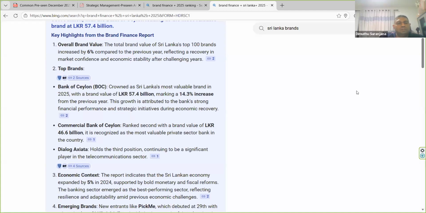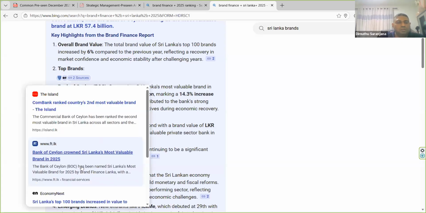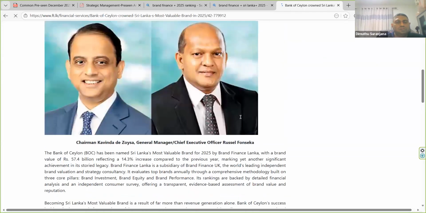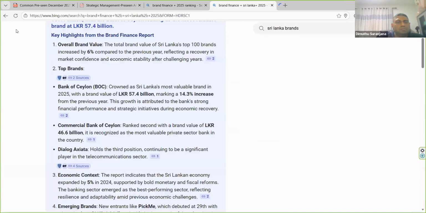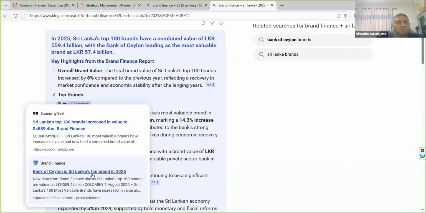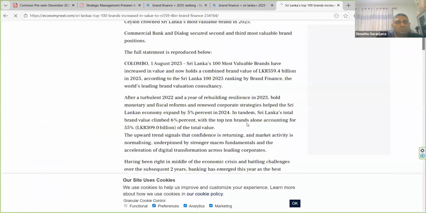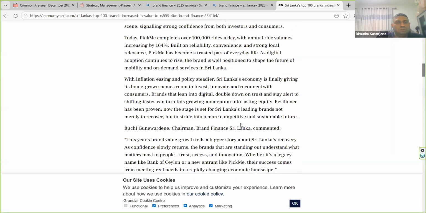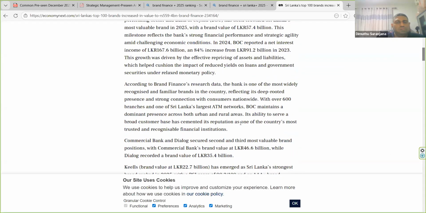Right? Two, Commercial Bank. No, Dialog is number three. Sorry. You see, Bank of Ceylon number one. That's true. Yes, Commercial is number two actually.